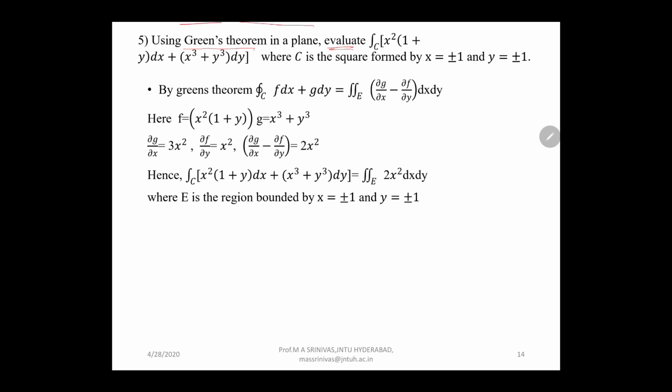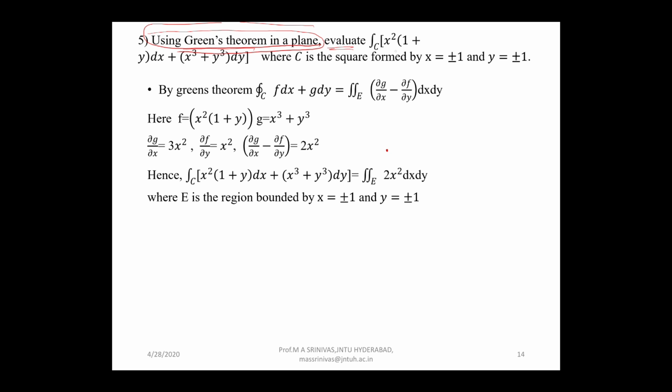If he doesn't mention this part, and simply says evaluate, then the choice is yours. You can find the line integral by the methods I have already given you in lecture 1. Because he mentioned Green's theorem here, definitely you have to convert this line integral to a double integration and do it.